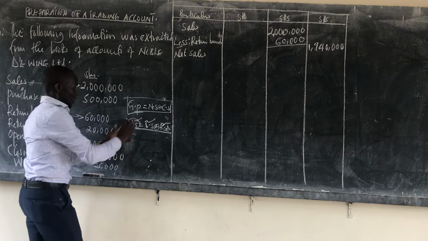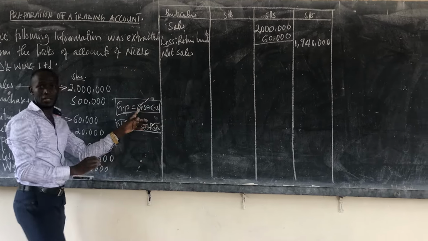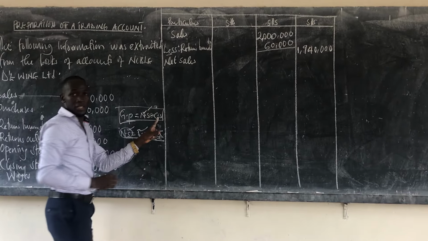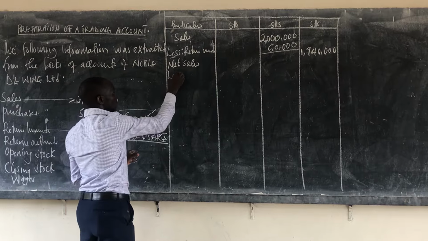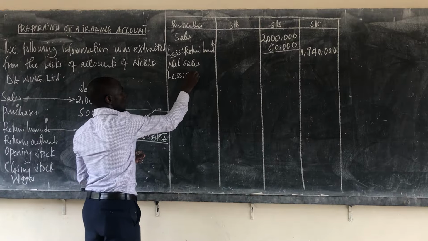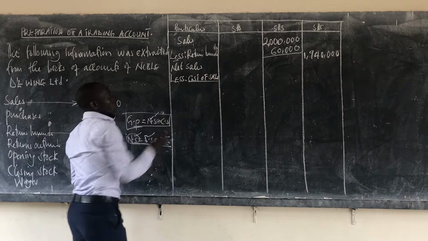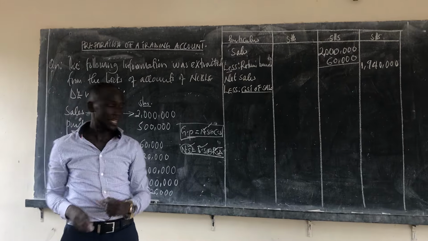After doing that, we say gross profit is our target. So we have net sales minus, which is less, cost of sales. So what do we do? We subtract less cost of sales. Remember, cost of sales has its own formula.